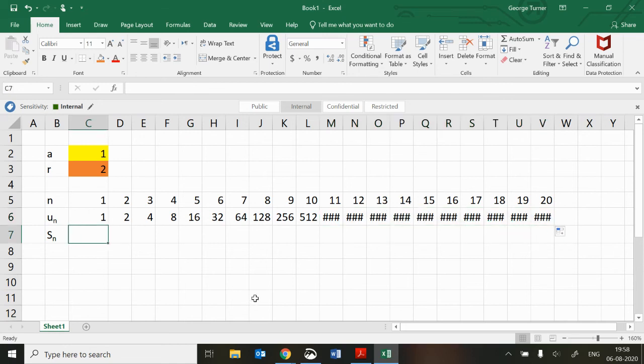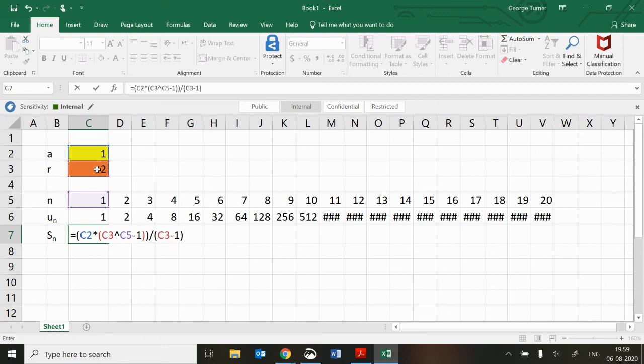And the formula for SN, remember, let's put some brackets around it: we've got A times brackets R to the power of N minus 1, close brackets again, divided by, open brackets, R minus 1.